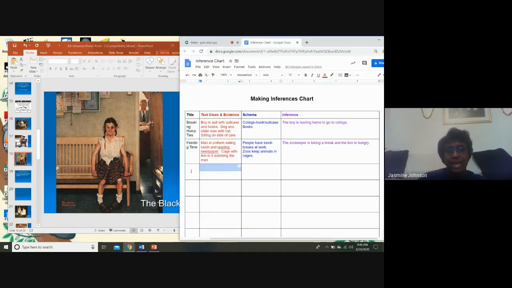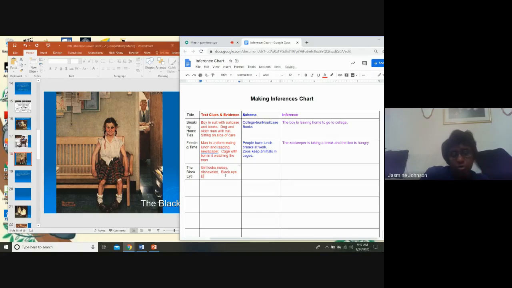This one is called The Black Eye. So what's my text evidence? There's a girl and she looks kind of messy. Disheveled is the word, if I can spell it correctly. She has a black eye.